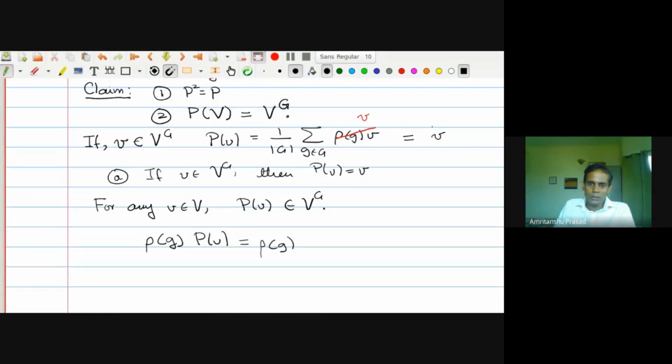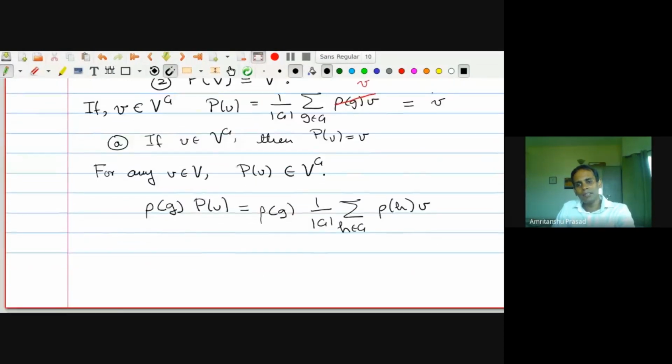So this is 1 over the size of G, sum over h in G of rho(h)v. I changed the indexing variable to h.